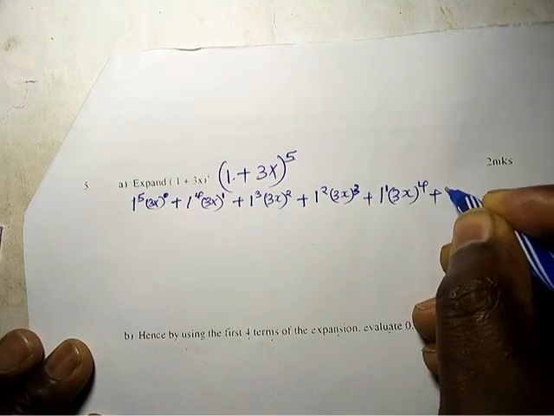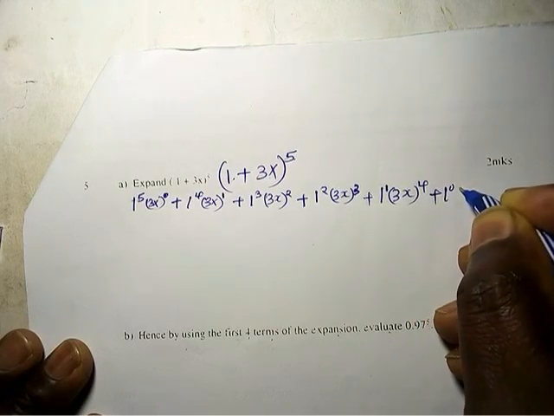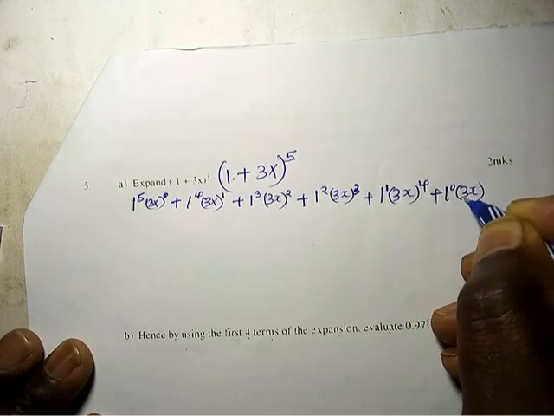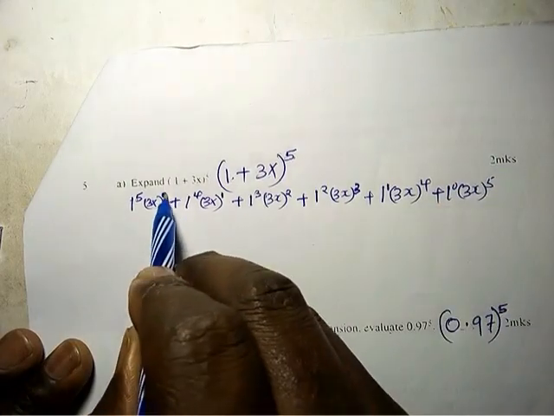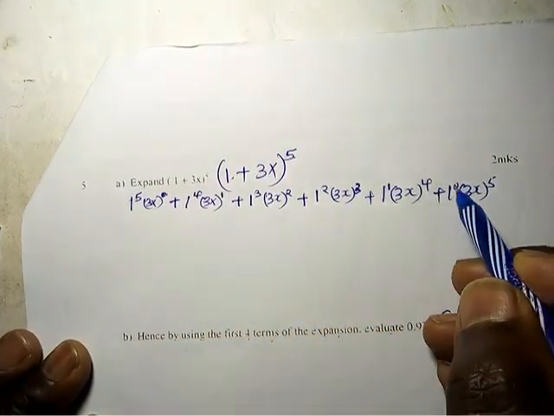And then finally 1 raised to power 0, 3x raised to power 5. A number raised to power 0 is 1.